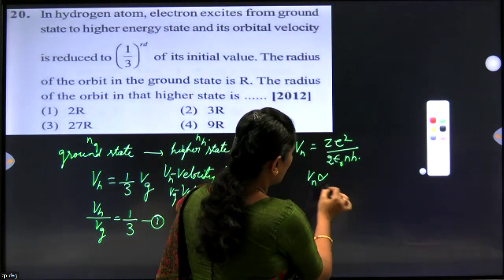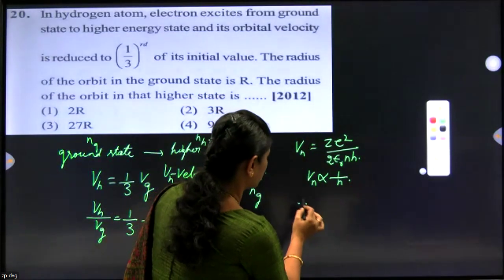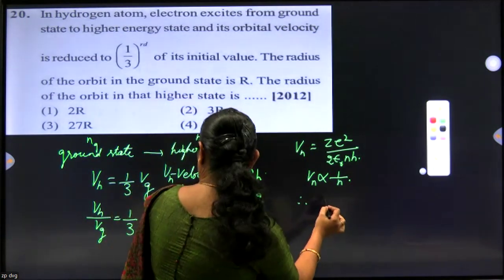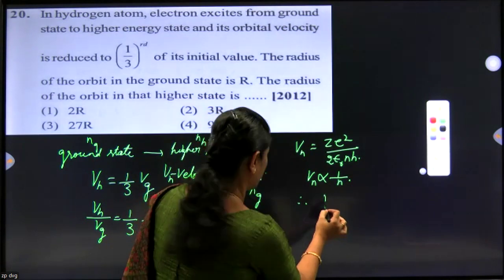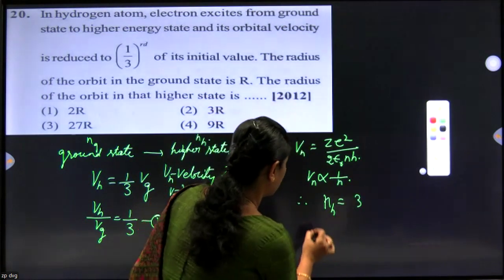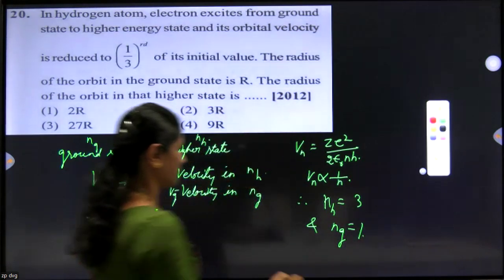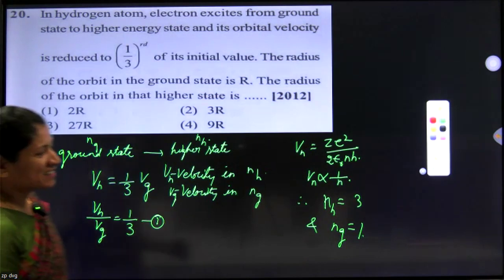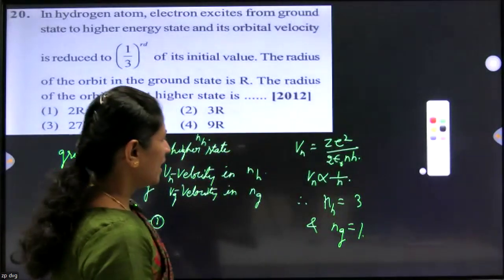Here Vn is inversely proportional to n. Therefore, Vh by Vg equal to 1 by 3 means Nh is equal to 3 and Ng is equal to 1. That's why the higher energy state Nh is 3, and the ground state is commonly 1.